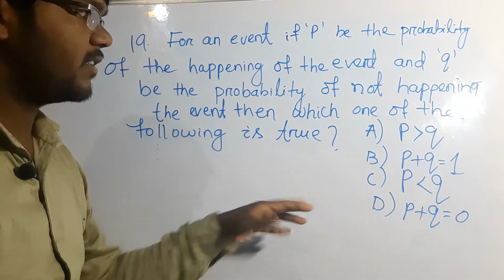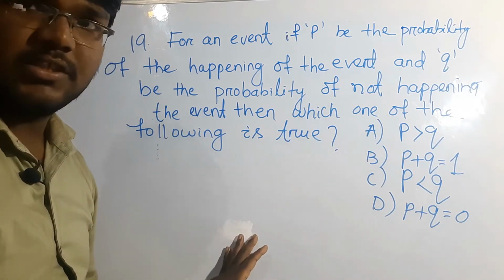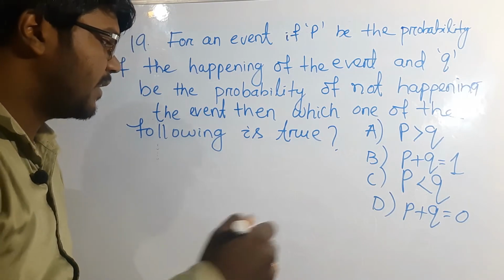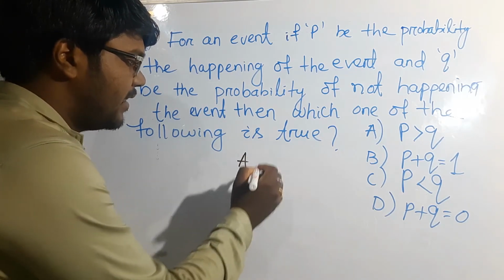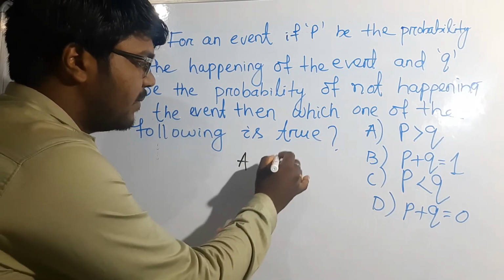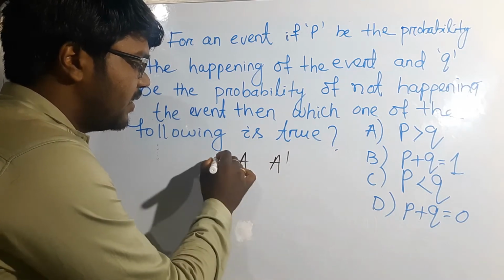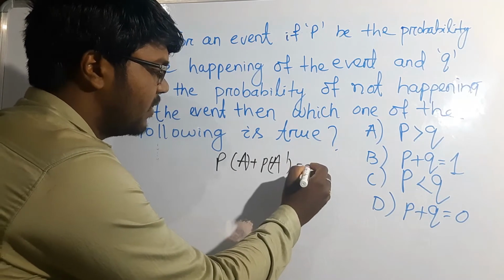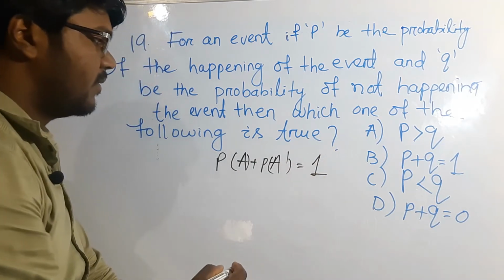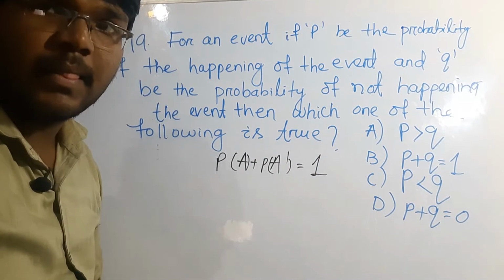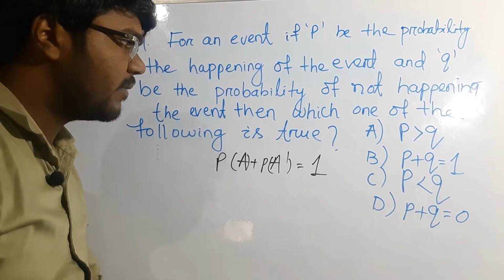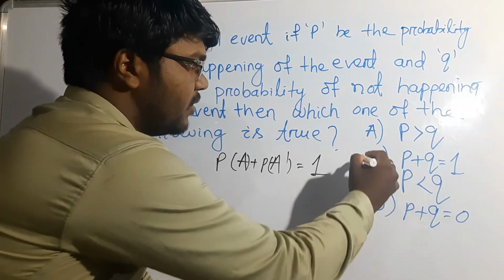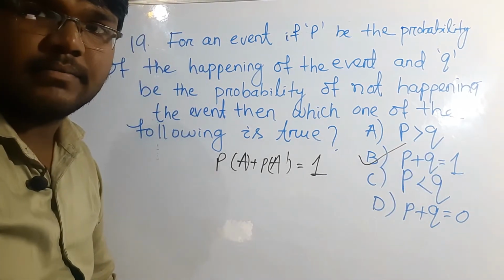So the correct answer is P plus Q is equal to 1. That means if A is an event and its complement is A complement, then the probability of A plus the probability of A complement is always equal to 1. So option B is our correct answer, P plus Q is equal to 1.